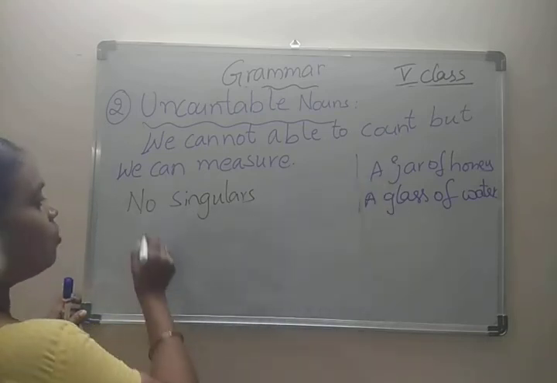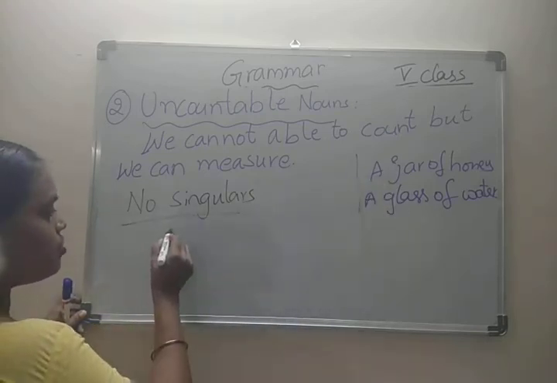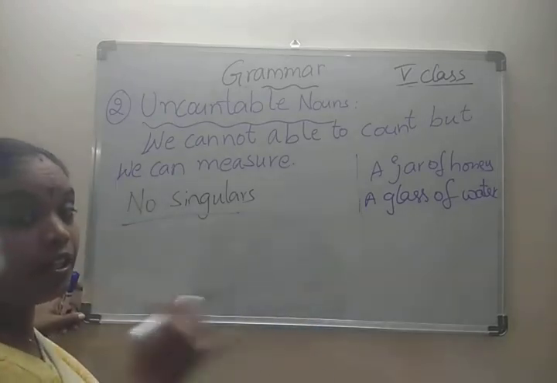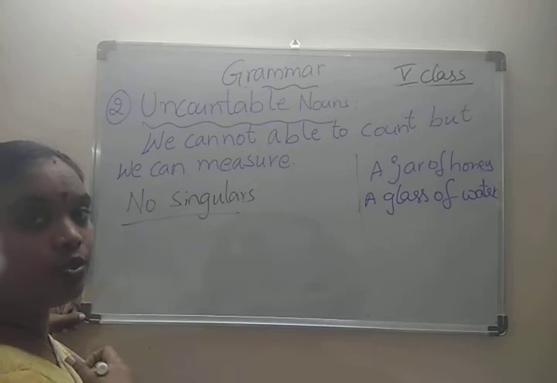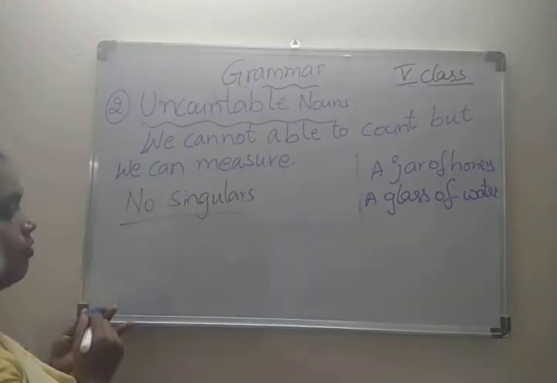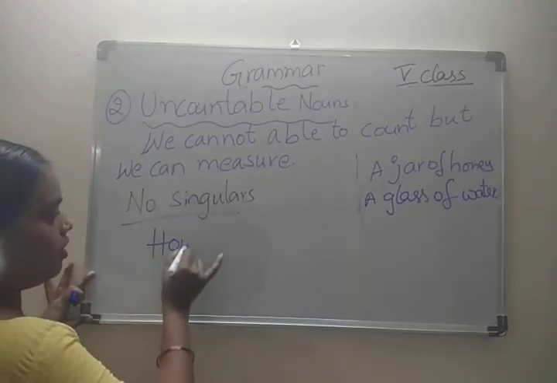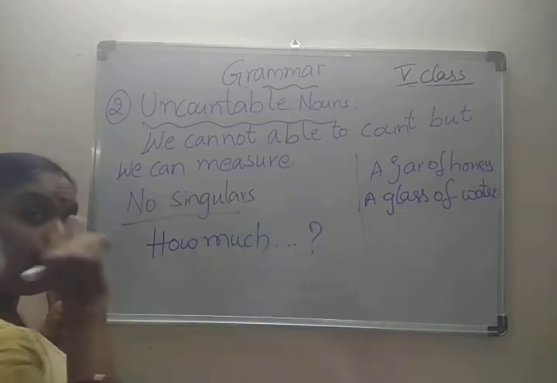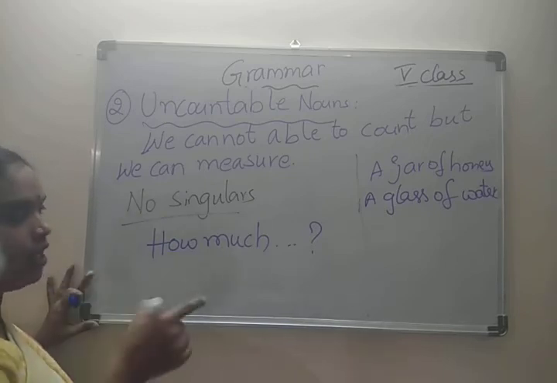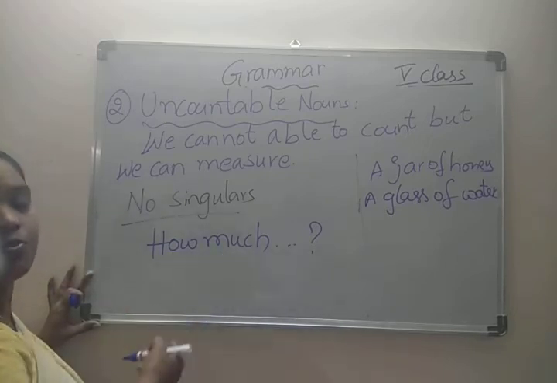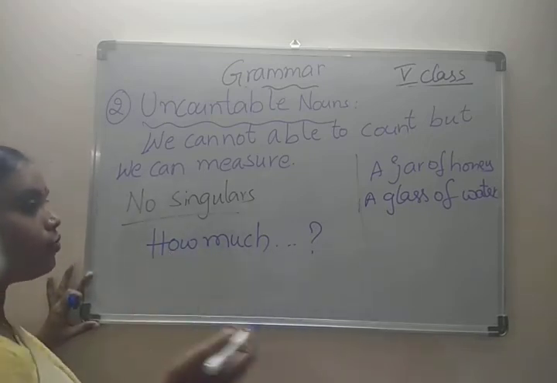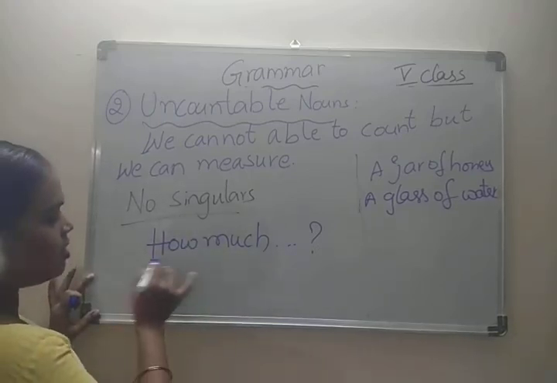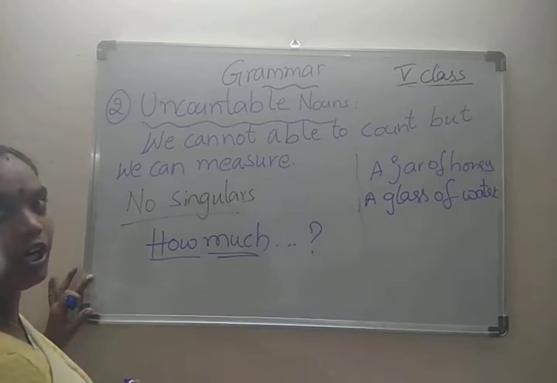Here we use words to measure or indicate how much there is. We want the quantity. So what question do we ask for quantity? How much? In countable nouns, how many? Whenever we want the quantity of an uncountable noun, we ask with the words how much.